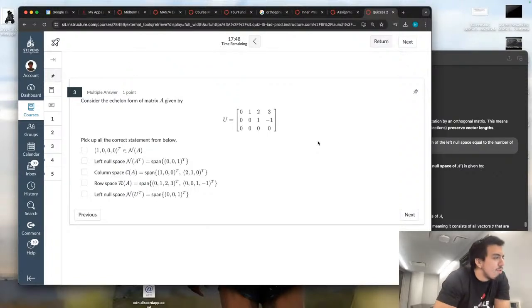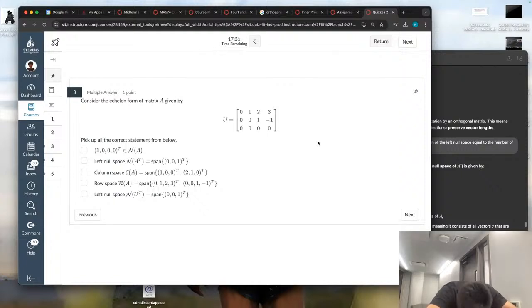It's going to be 3 plus that, which is going to be 5.